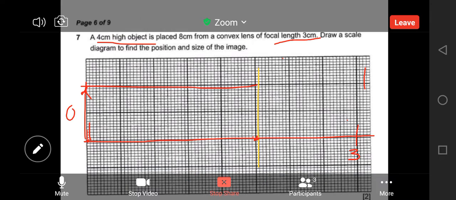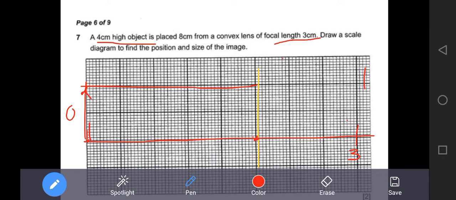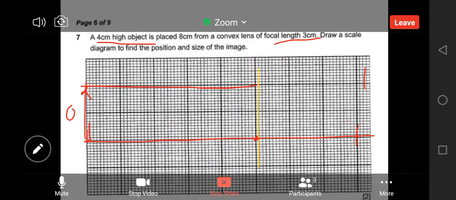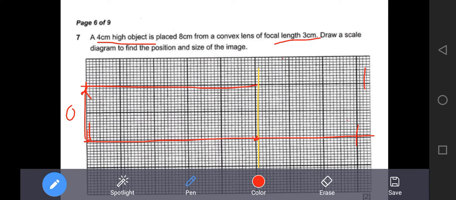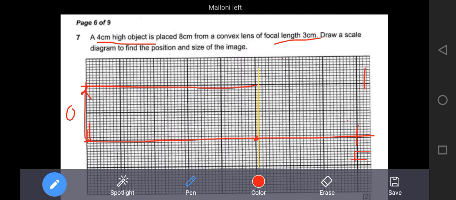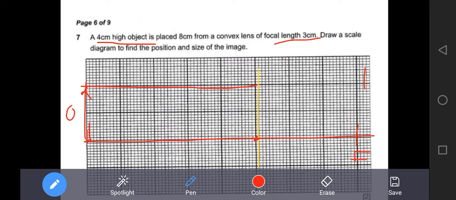Now you don't indicate 3, but you put F to show that you are dealing with a focal point. Of course you can call it the focal length, but in this case it's called a focal point. Is it okay? Yes, sir. Immediately this line, which is coming from the object, passes through the focal point.